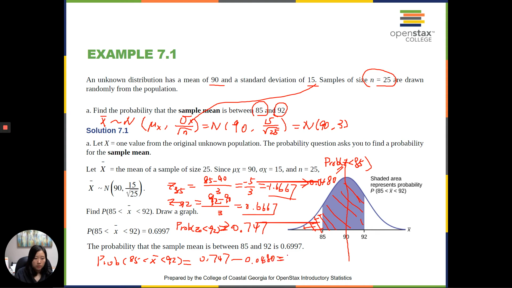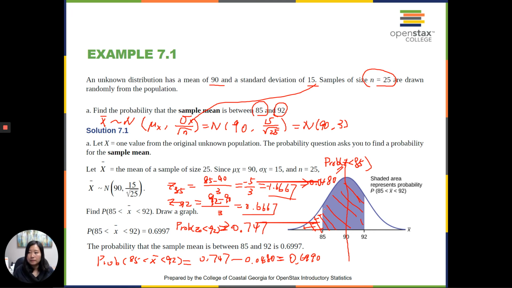It's not as precise as what the calculator was giving out here, but it's very close. It's equal to 0.747 minus 0.048, which is 0.6990. So have you got it?